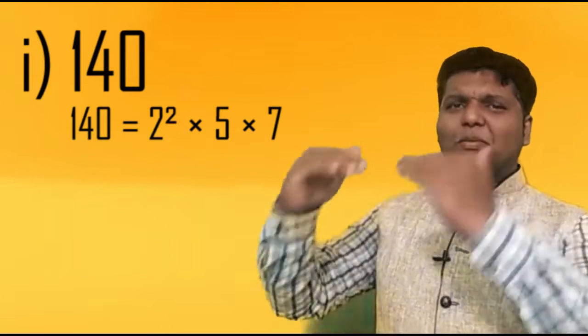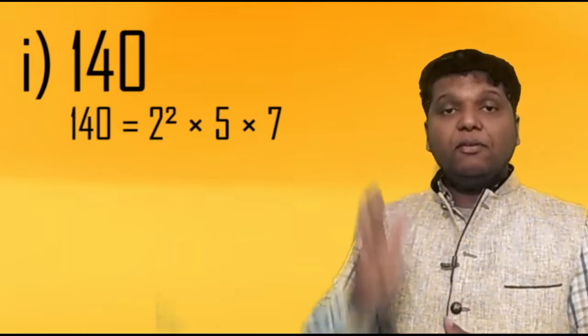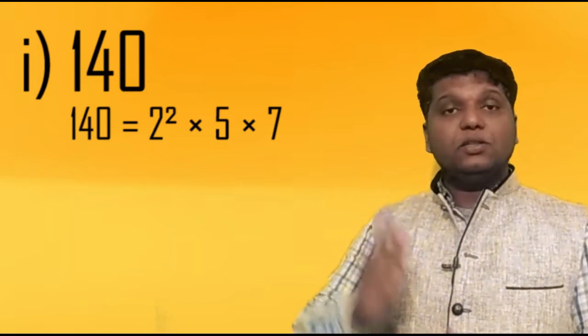You have to represent them in powers. Clear? So we will never write 2 into 2. That's what we used to write when we were studying in our 9th class. But now we are grown up, we came to the next level, okay? So 2 square into 5 into 7. So 140 is equal to 2 square into 5 into 7.